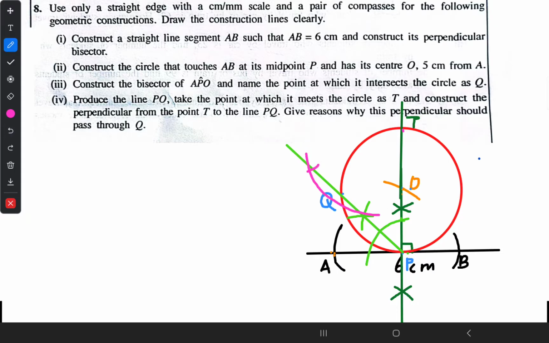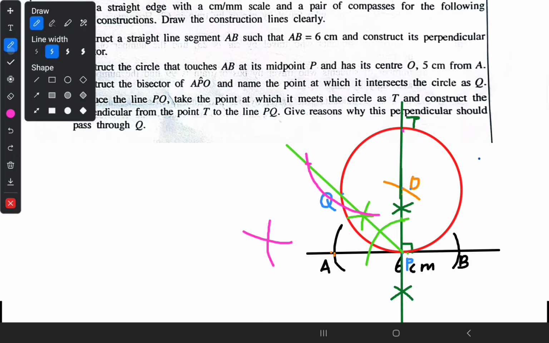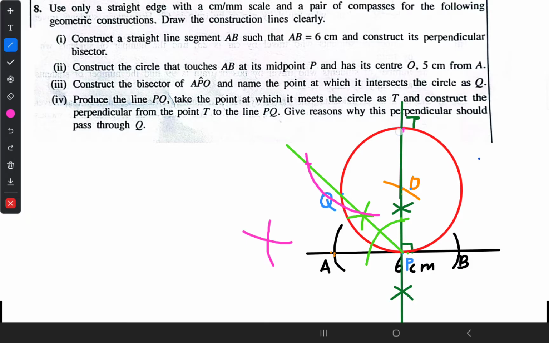Place your needle here, draw an arc. Place your needle at this point. I use different colors so you can understand this clearly. Here, draw an arc. Then finally, we have to connect T and this point. That should be somewhere here. Wait, I'll draw my proper construction.